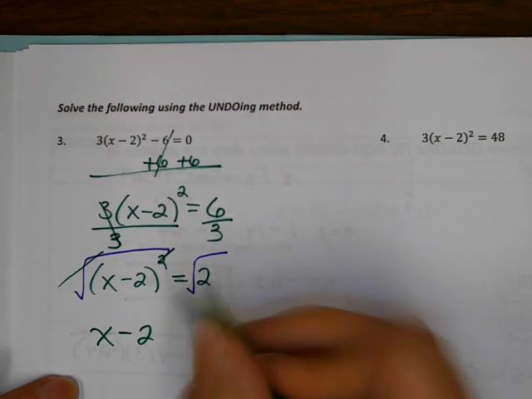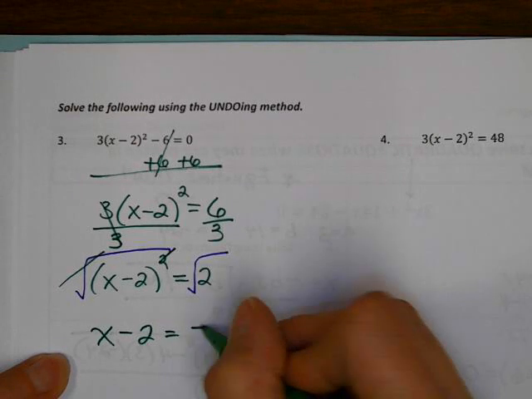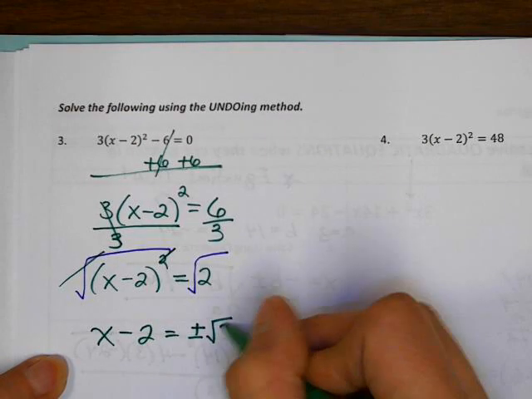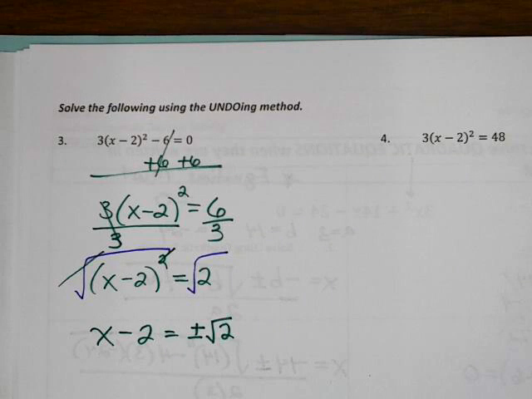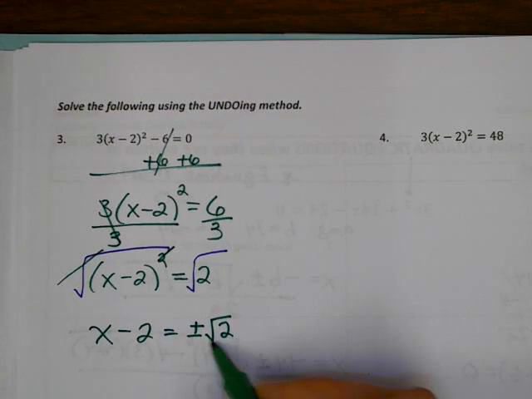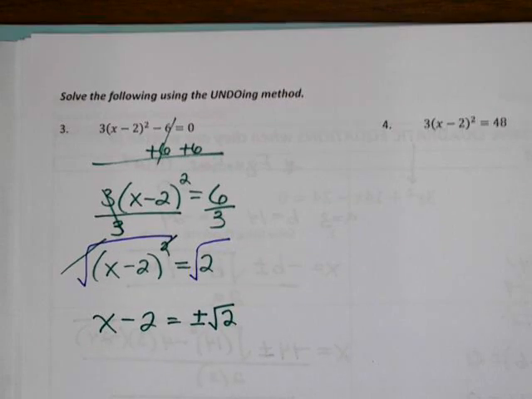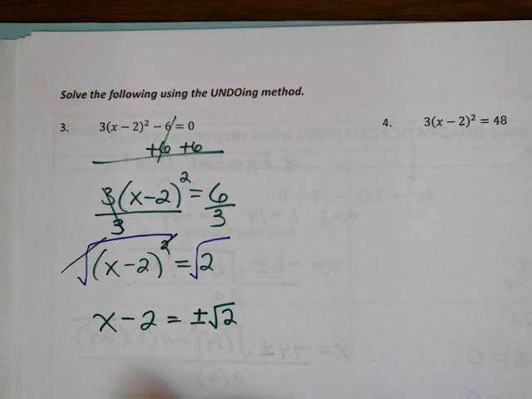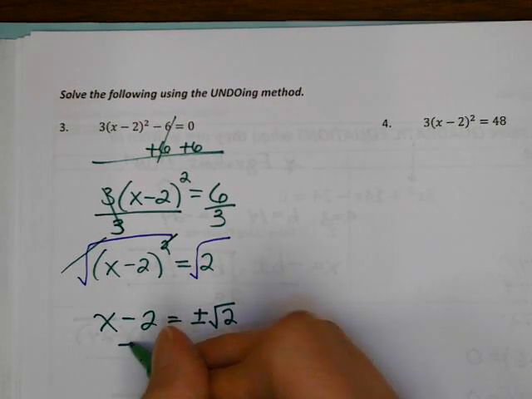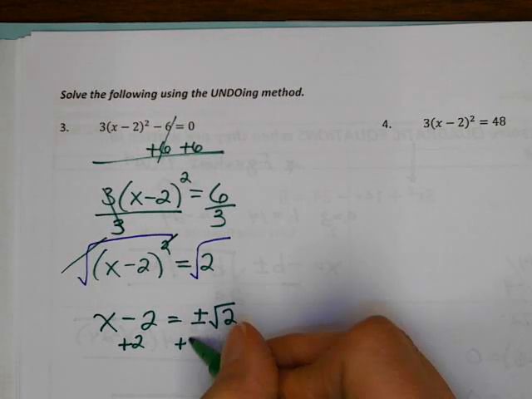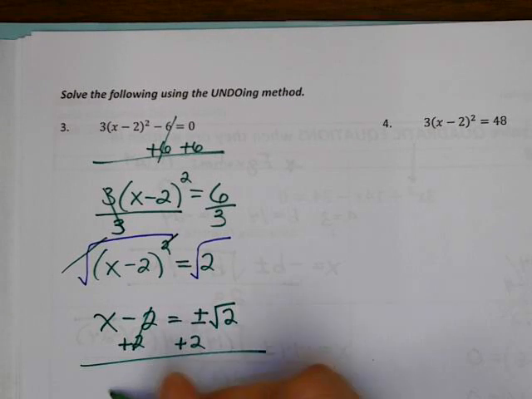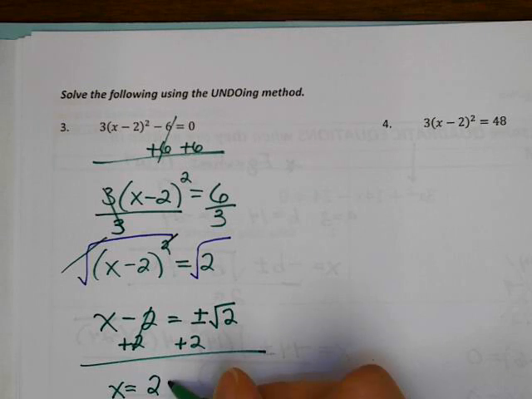Okay, now remember, when you square root, you get plus or minus radical 2. Whenever you draw a radical sign, put plus minus in front of it. Okay, is the x alone? I'm going to have to add 2 and add 2. So x is equal to positive 2 plus or minus the radical 2.